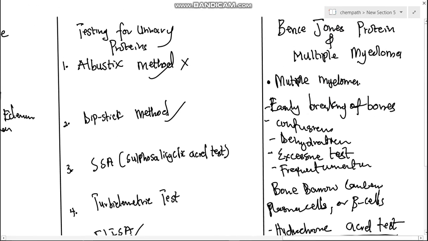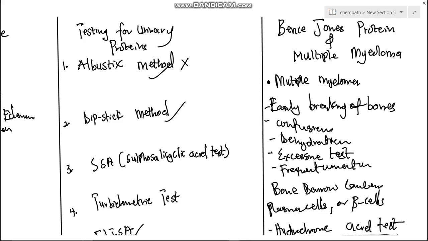Now let's talk about multiple myeloma. Multiple myeloma is basically the abnormal proliferation of the immune cells, especially the B cells or plasma cells, an over-proliferation of the plasma cell.